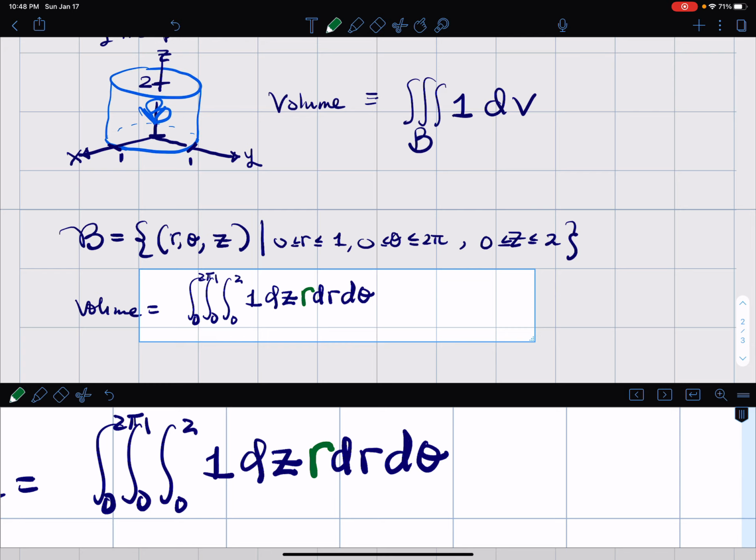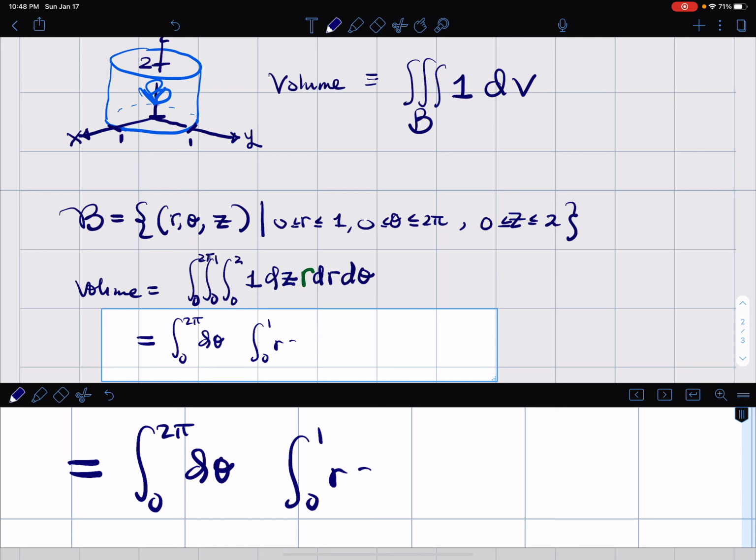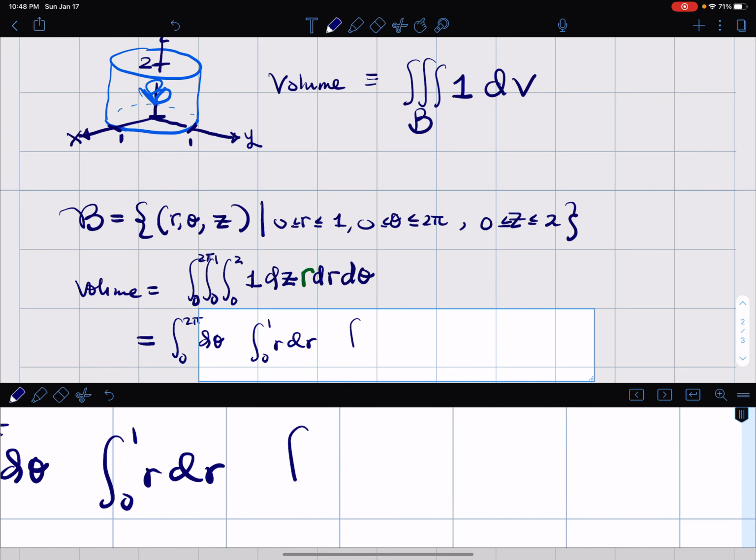In this case, this is a triple integral, but we can separate these integrals. We can go 0 to 2 pi, bring the d theta here, and then go 0 to 1 of r dr, and then go 0 to 2 dz.